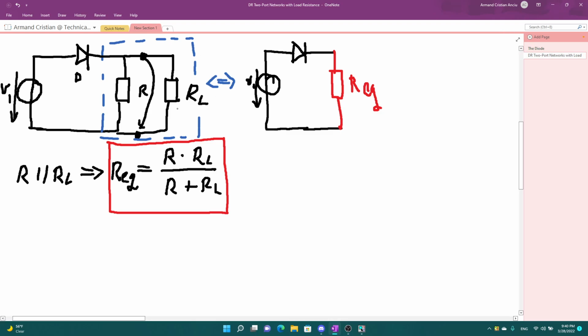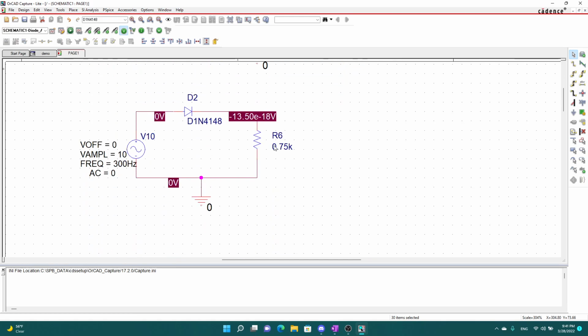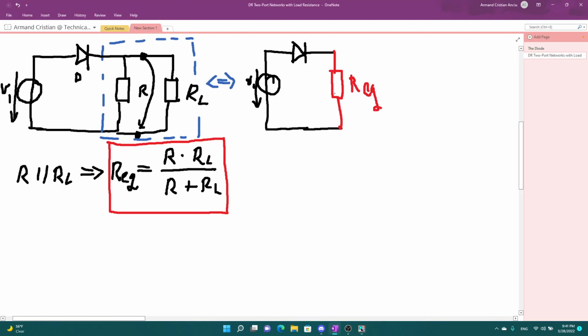R5 in our case is the load resistance. The parallel equivalent resistor between 1 and 3 kilo would be 0.75 kilo ohms, which is the value of R6, and R6 is the equivalent resistance.